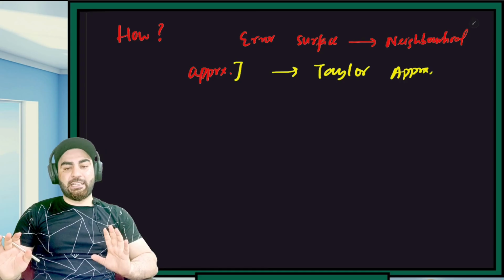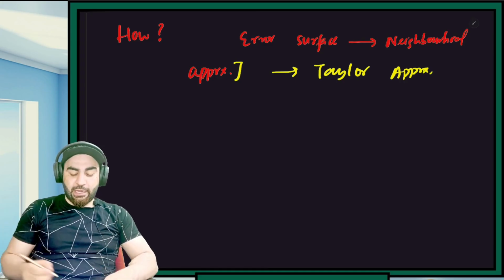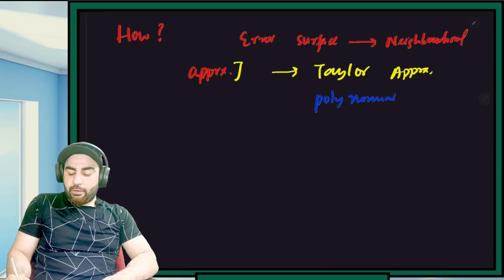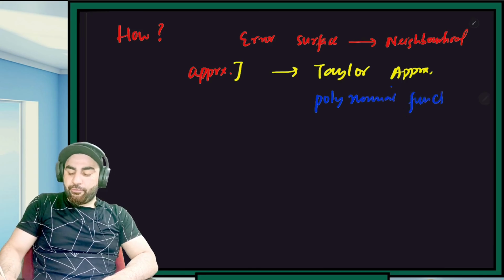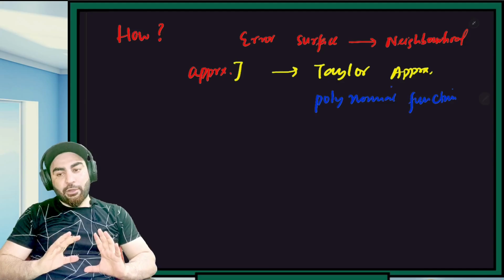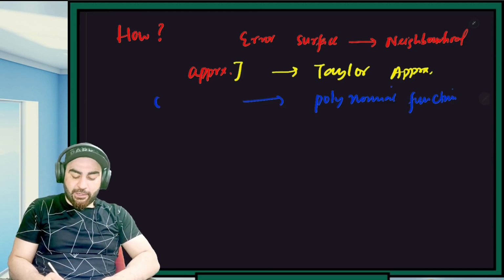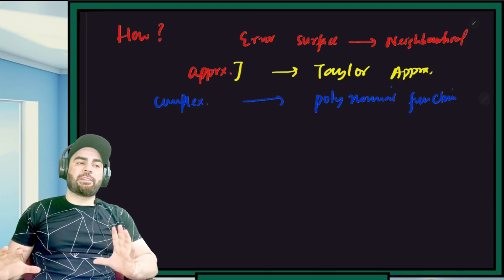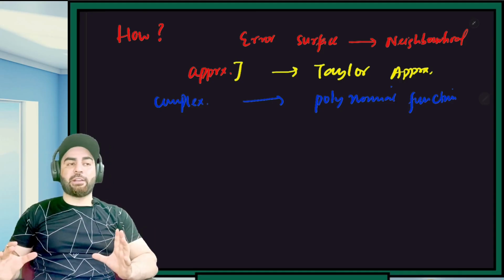So what is basically the Taylor series? This concept tells you that you can use polynomial functions to approximate any complex function. If you have a complex function, you can take a combination of polynomial functions to approximate it.